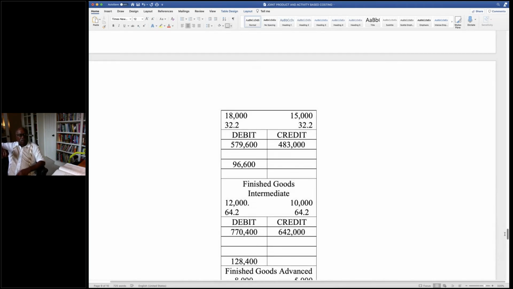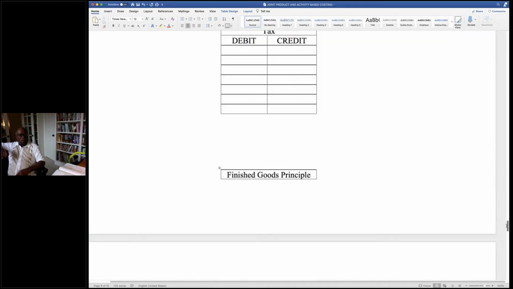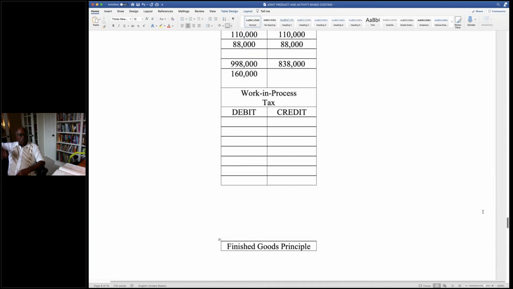Work in process. 5,000 and 4,000 at the top because that was the amount we had to sell or do, and then we did only 4,000.